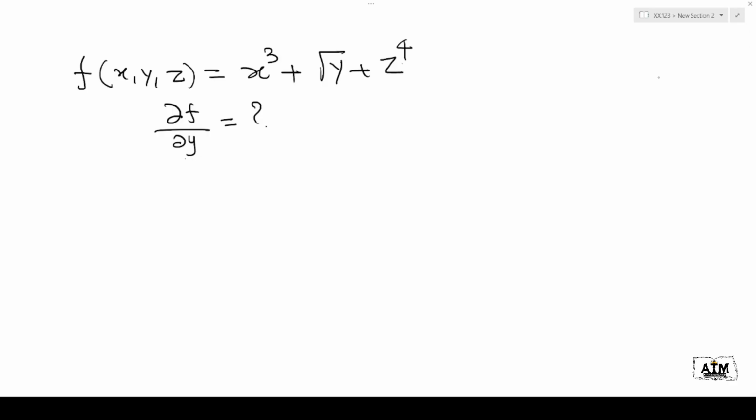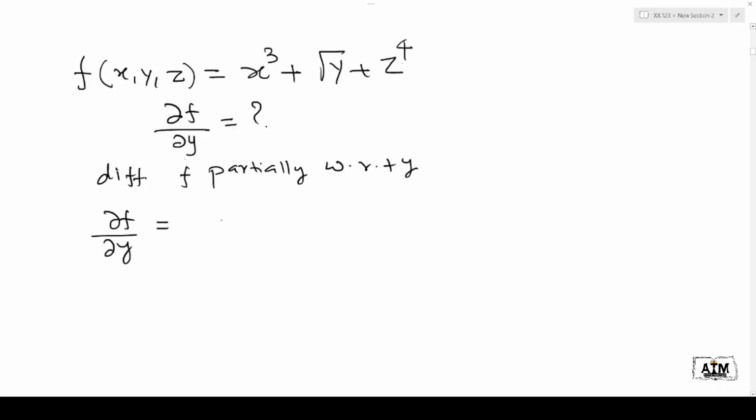Now, let us find out dou f by dou y, that is the partial derivative of f with respect to y. So, differentiating f partially with respect to y, it can be written as dou f by dou y equals the partial differentiation of x cube plus root y plus z raised to 4 with respect to y.